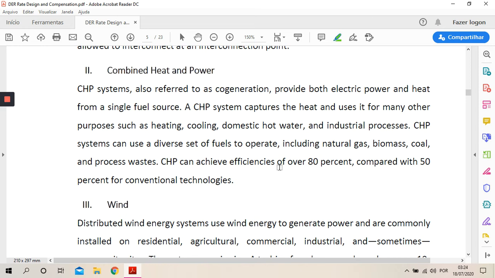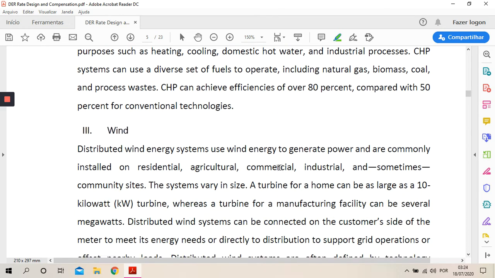CHP systems can use a diverse set of fuels to operate, including natural gas, biomass, coal, and processed wastes. CHP can achieve efficiencies of over 80% compared with 50% for conventional technologies.